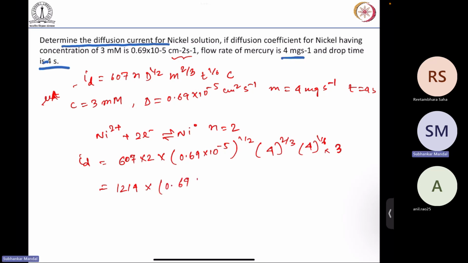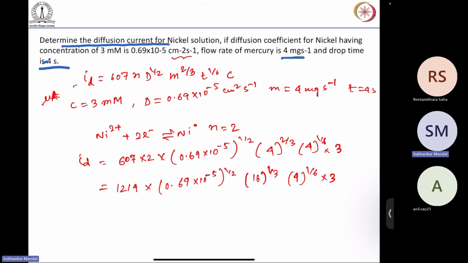0.69 into 10 to the minus 5, to the power half. How much will this be? 4 to the power 2 by 3 is 16 to the power 1 by 3, 4 to the power 1 by 6, into 3.